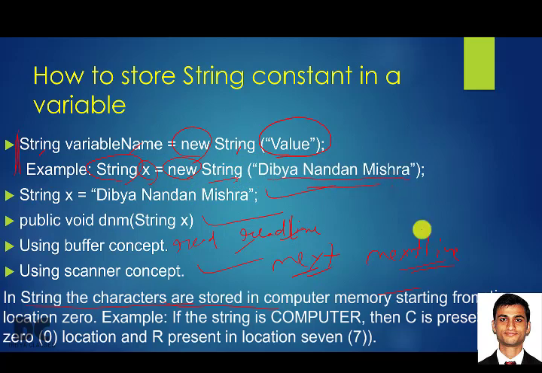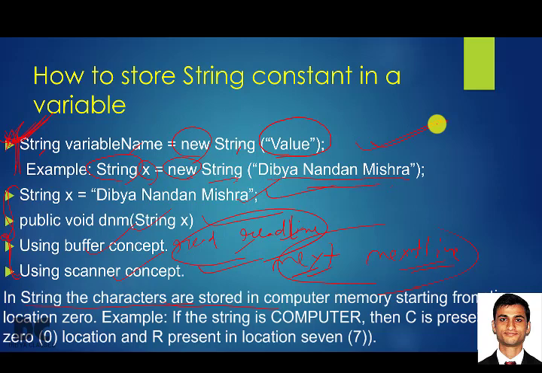But majority of the times we'll be using this for only theory, remember this only for theory. We'll be using either to store string directly or through parameter. If you are not using parameter, you are using scanner, then you have to use next or next line. If you are using buffer reader, you have to use read or read line. But this you have to remember for theory.